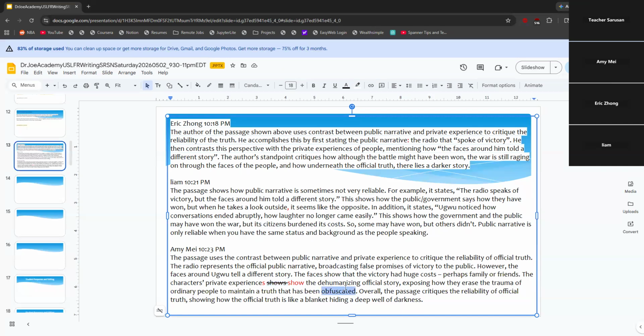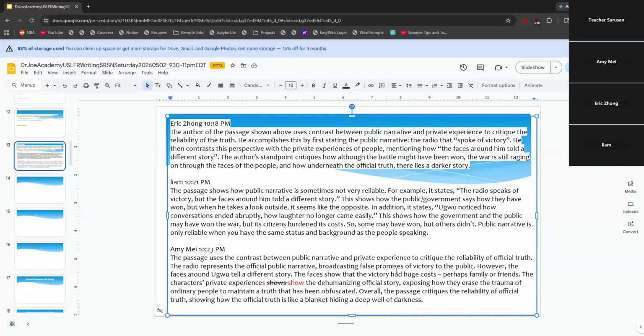Nice. Good use of our vocab word. It makes sense here. Something that's hard to understand. Overall, the passage critiques the reliability of official truth, showing how the official truth is like a blanket hiding a deep well of darkness. Excellent.